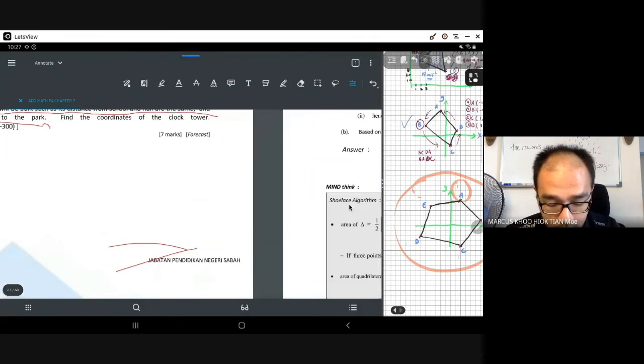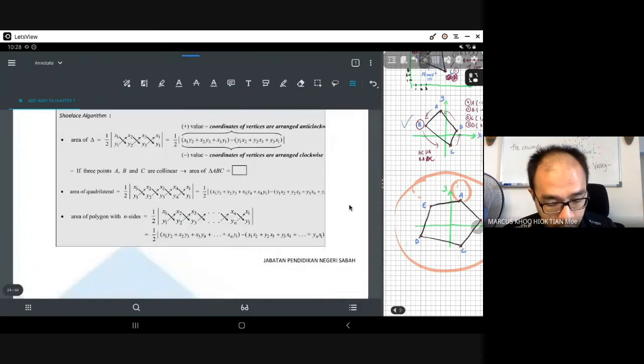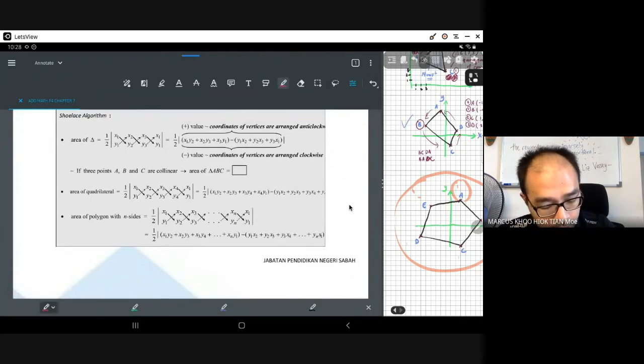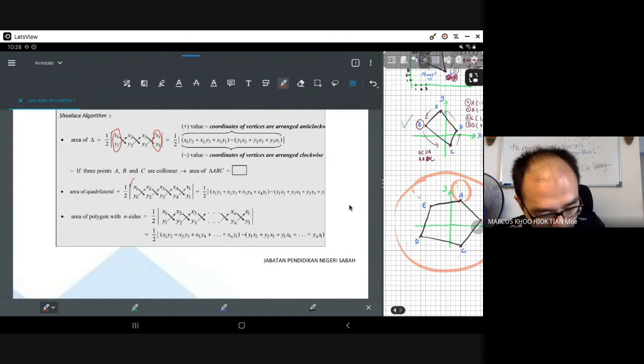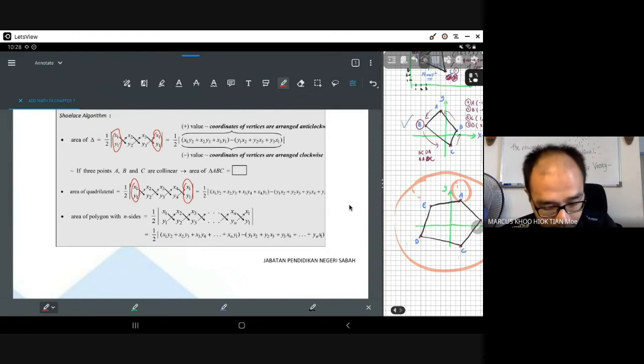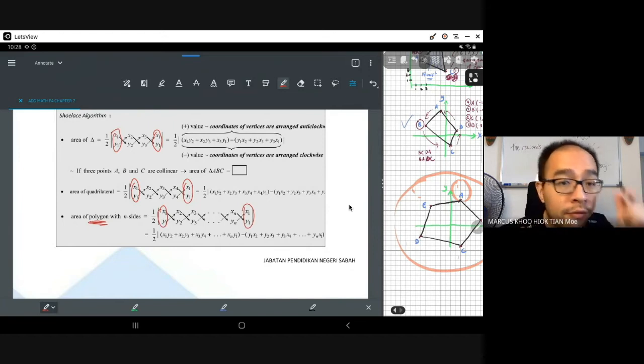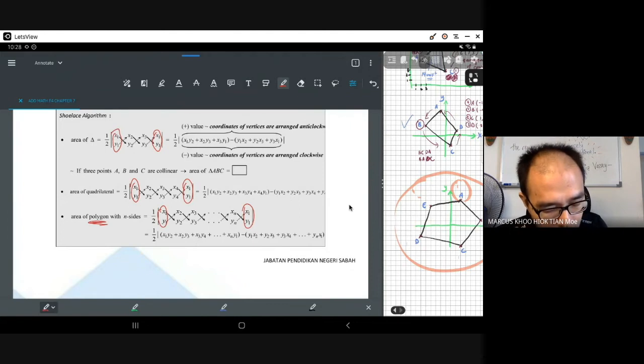This is the most important thing, the arrangement: you can see that x1, y1 and x1, y1, the first and the last, is always repeated. It is the same coordinate, and you must make sure that it is. Even if it's a polygon, x1 and y1 are repeated at the first and the last.